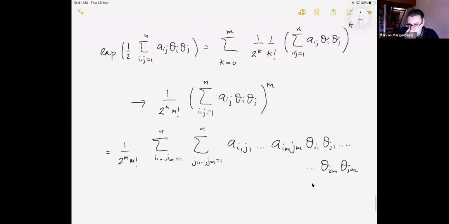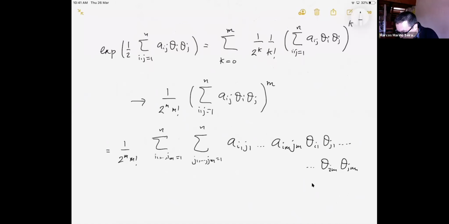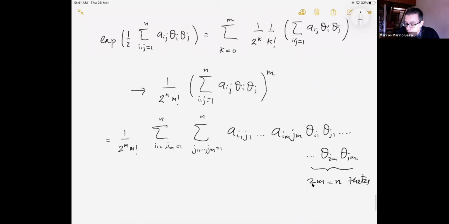And again, we use our principle. Our principle is that here there are two m, so 2m equals n thetas, and we are going to integrate this.